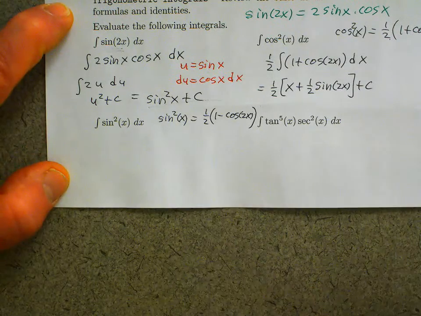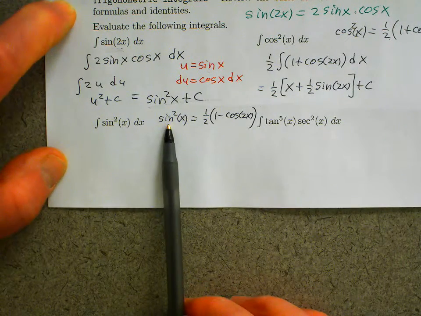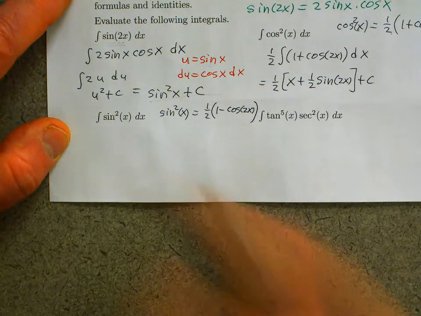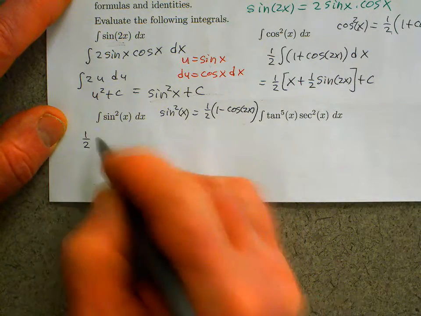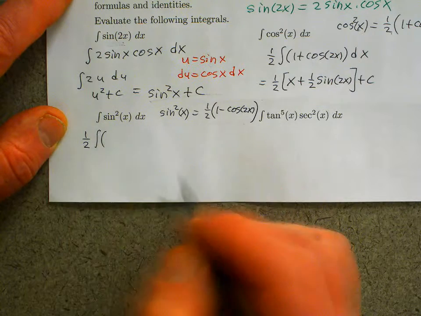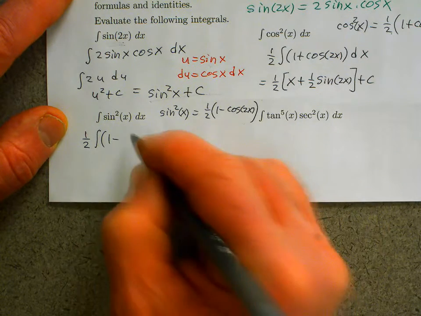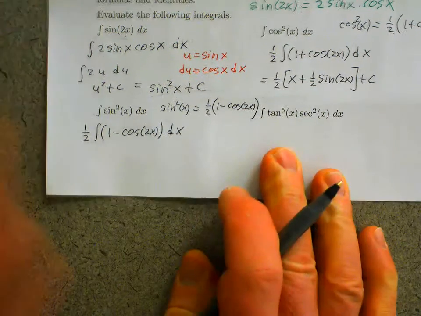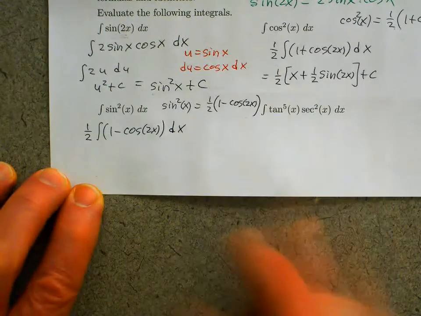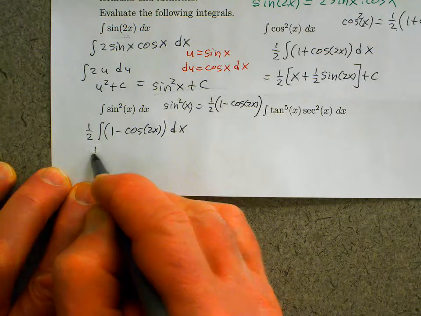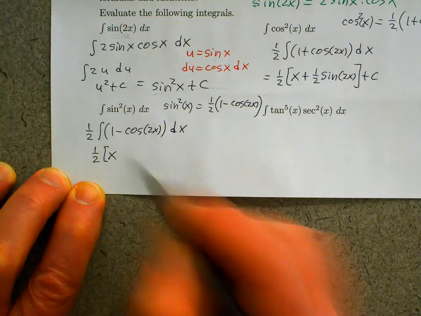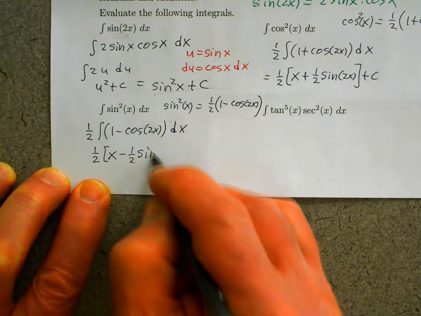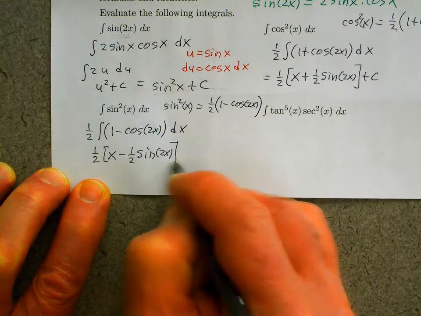In a different setting, we might use a different identity, but just computing an antiderivative of sine of x squared, this is probably maybe the best one to pick. So let's see, the next step, 1/2 times x, and then minus 1/2 times sine of 2x plus a constant.